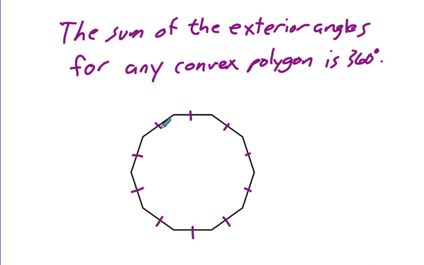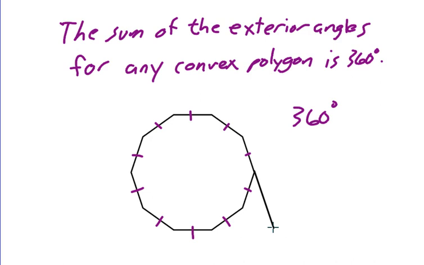So if I ask you, what is the sum of the exterior angles of a regular decagon? A decagon is 10 sides. The sum of the exterior angles is going to be 360 degrees. It doesn't matter how many sides there are. The exterior angles always sum to 360 degrees.